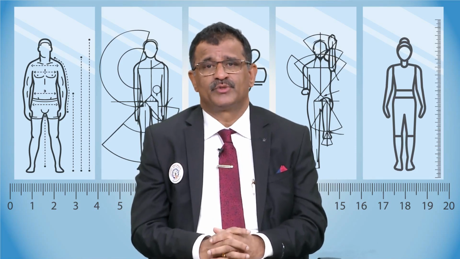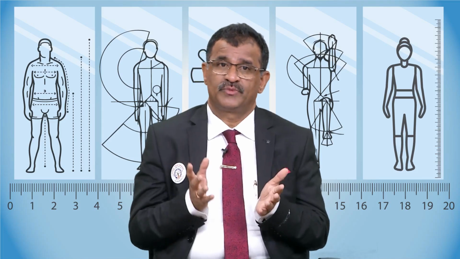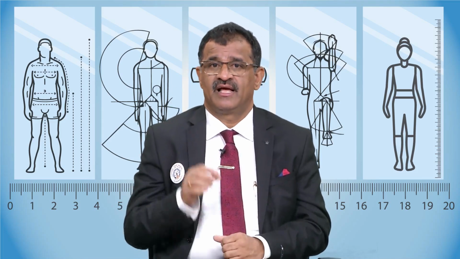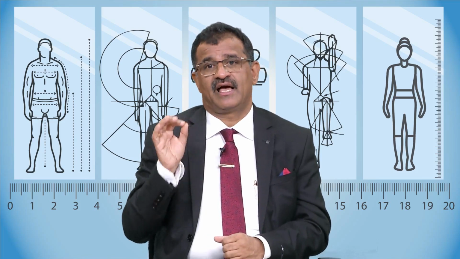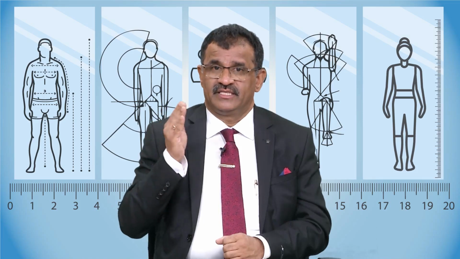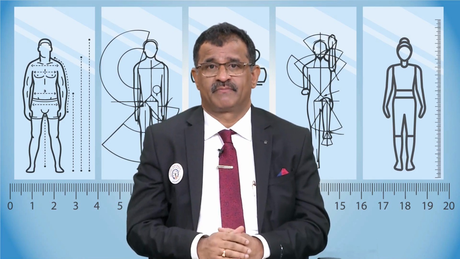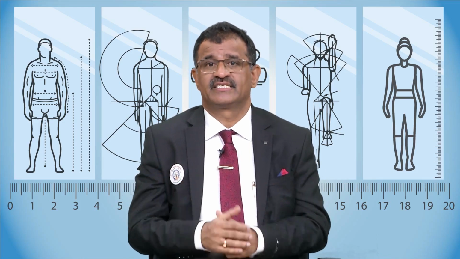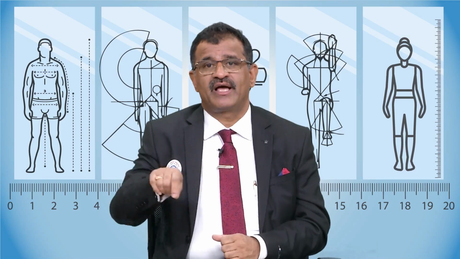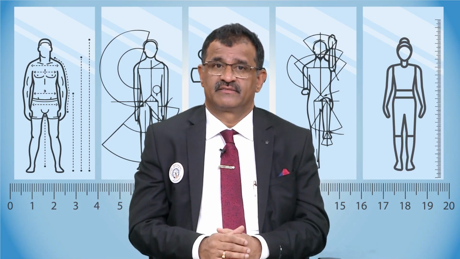Now, what is malnutrition? Basically, malnutrition is a serious public health issue. It contributes to high rates of maternal and child illness and mortality. The child mortality and maternal mortality with different illnesses are caused by malnutrition rather than other causes of such illnesses.